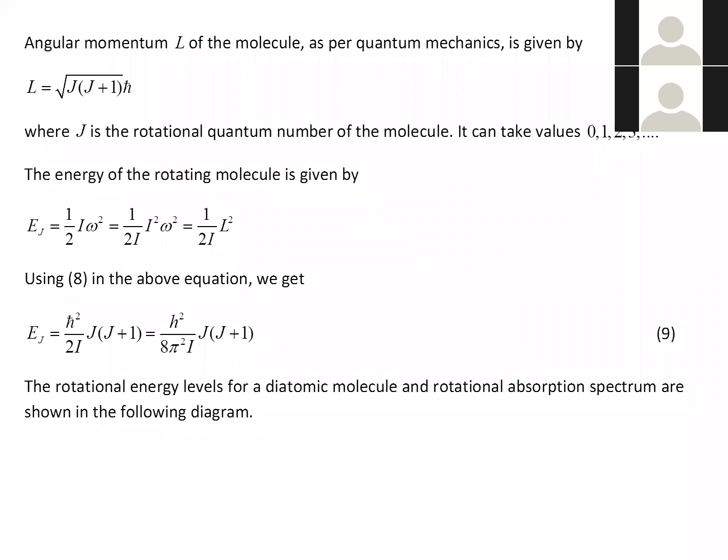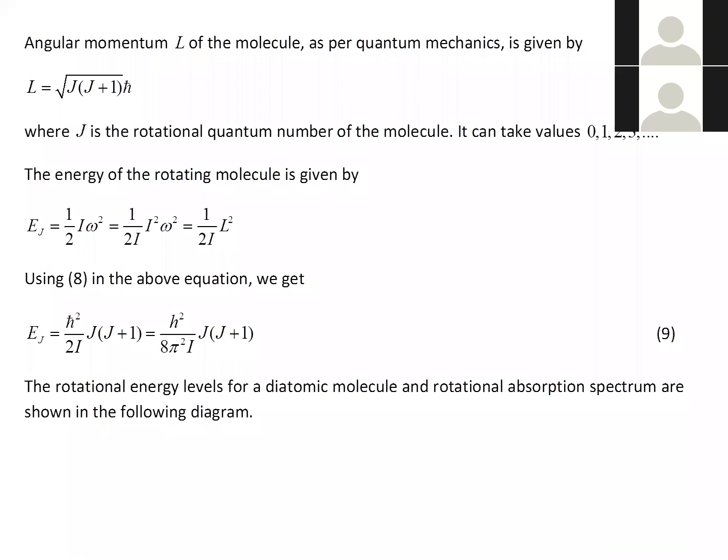L is orbital angular momentum of the diatomic molecule. I is moment of inertia of the rotating molecule. We also know the expression for that, I is equal to mu r square, as already mentioned. Now I am using this equation 8 in this expression. L is equal to square root of J into J plus 1 H cross.